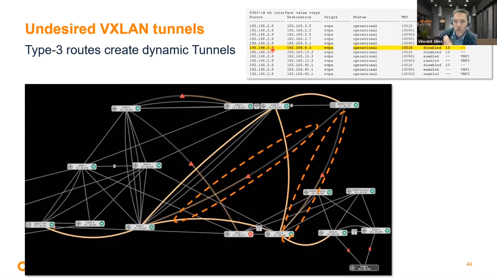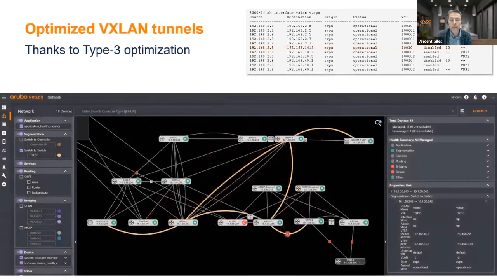You can see that with a show interface VXLAN VTEP, using the commands here. It will show tunnels being constructed between a border and a regular leaf inside the fabric. So this tunnel that we show on NetEdit is undesired. We don't want that one in the solution. And this tunnel from that guy to this border is unwanted as well. This is because of the type 3 routes that are sent.